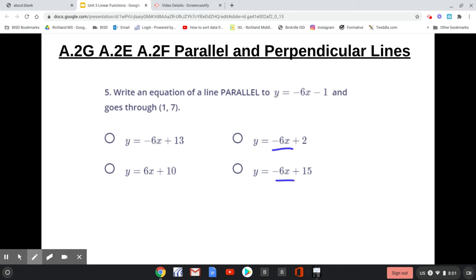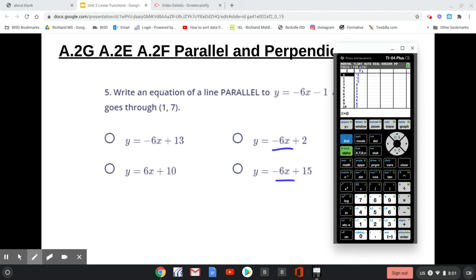Pull up the calculator, and we're going to hit y equals, and we're going to put negative 6x plus 2. We're going to hit second table, and 1 and 7. That didn't work, so we know it's the other one. Let's check it. Negative 6 plus 15. Whoops.